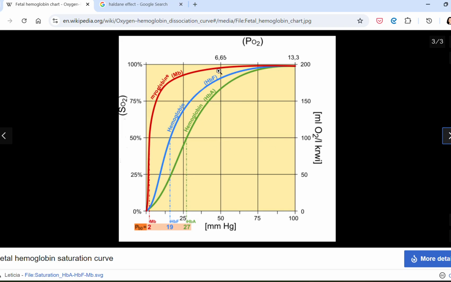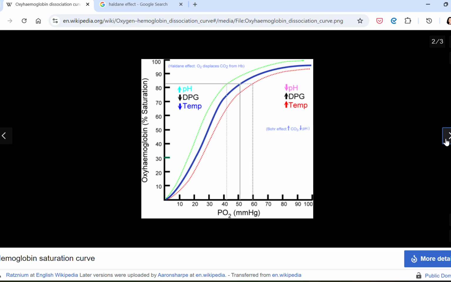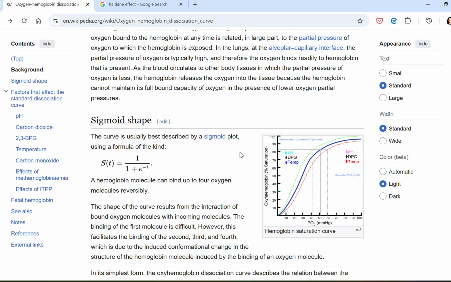This is myoglobin's curve. This is pure hemoglobin, and this is the actual DPG-bound hemoglobin. This is the shape of the hemoglobin, so that's it.